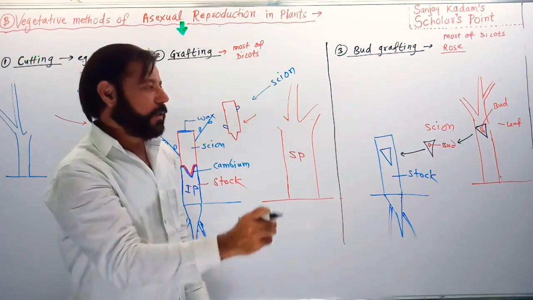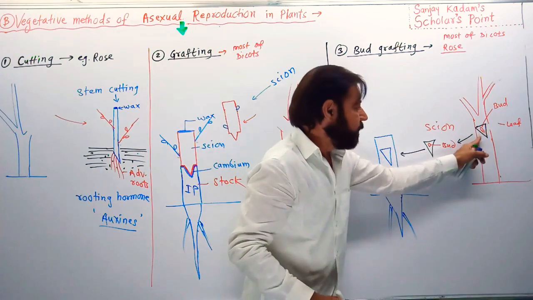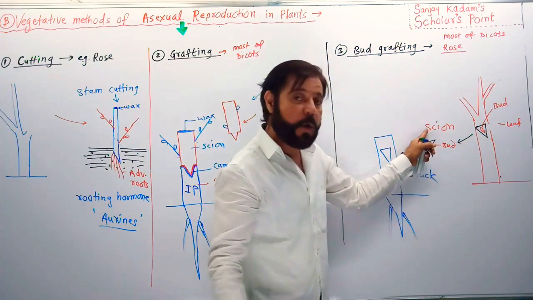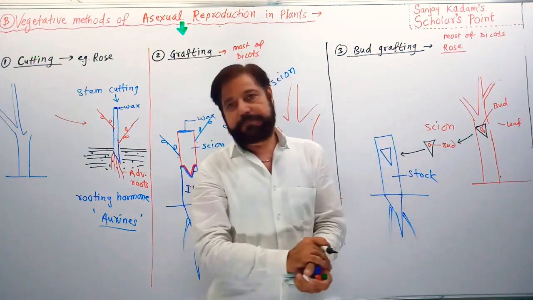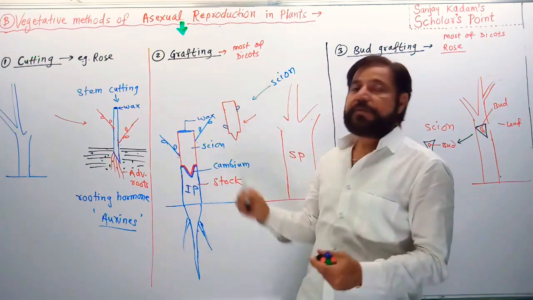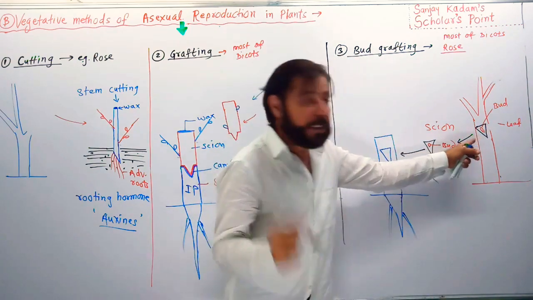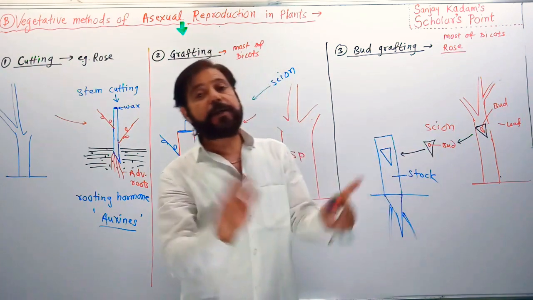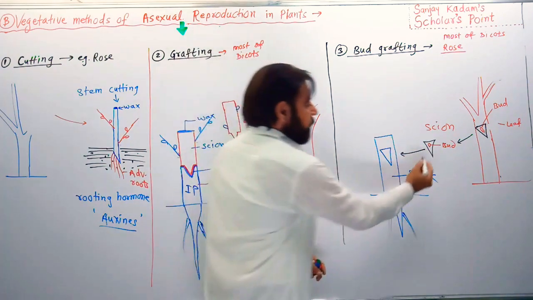This portion of the superior quality plant along with the bud is also called scion, a little portion of stem with a bud.